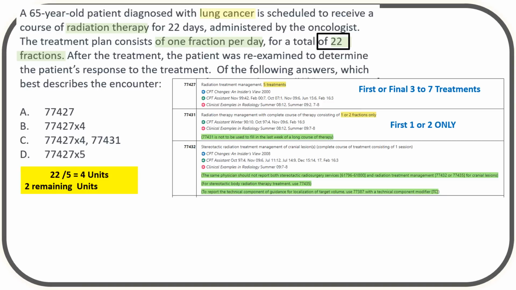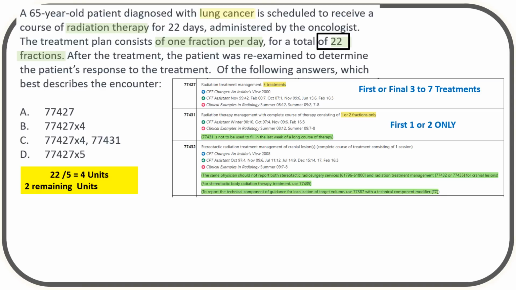So if we divide 22 by 5, that's going to be 4 units. The remainder will be 2. So we have 2 additional units to code for.